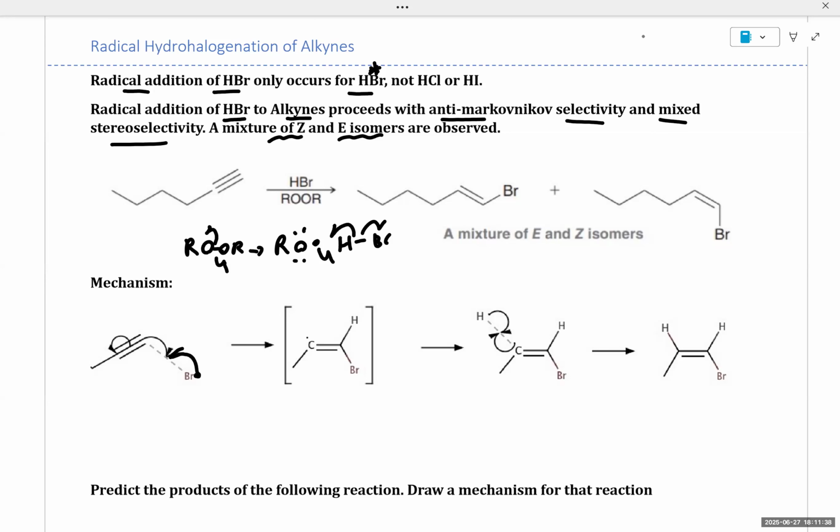From here, the bromine radical adds to the alkyne, and we generate a vinyl radical. That vinyl radical can then abstract a hydrogen and in turn we get the corresponding vinyl halide.